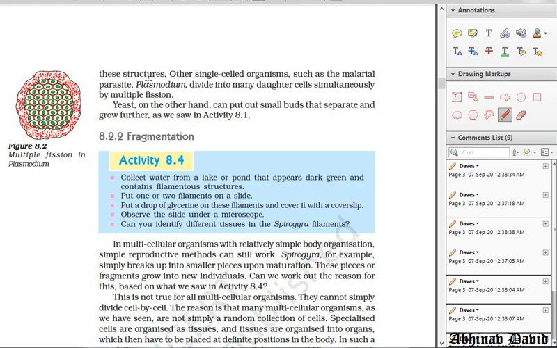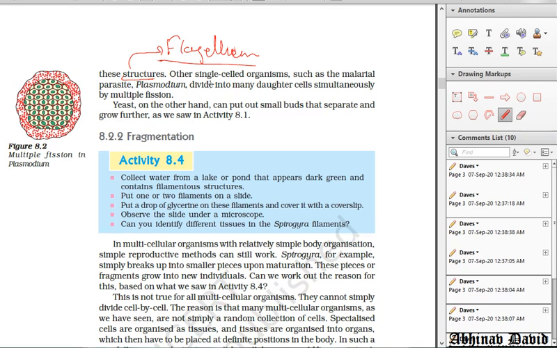What structures are we talking about? Flagellum. So because of the flagellum, binary fission in leishmania cannot take place from any plane. It has to take place through a particular plane only.